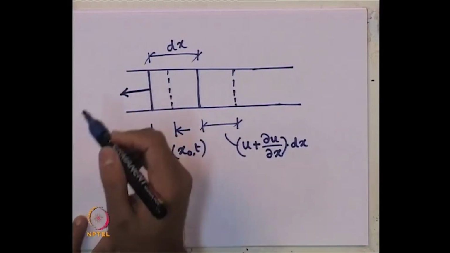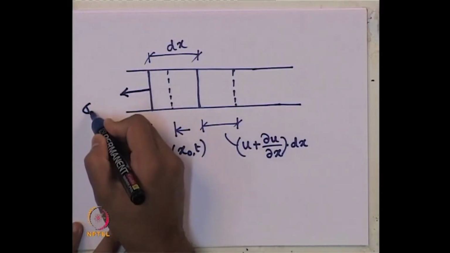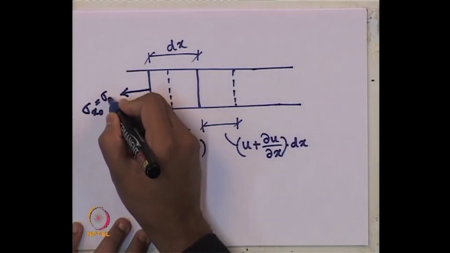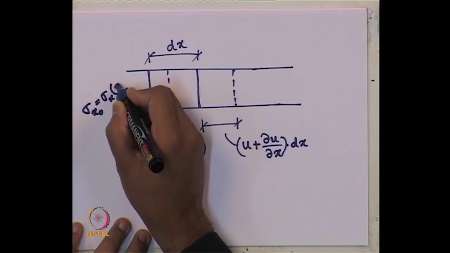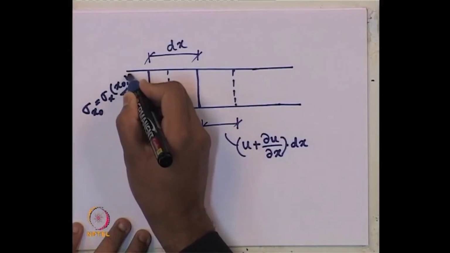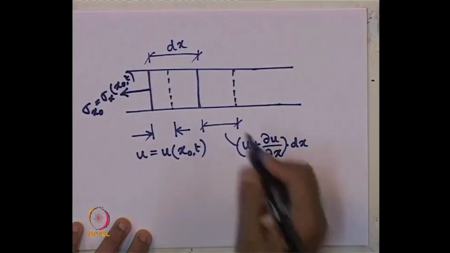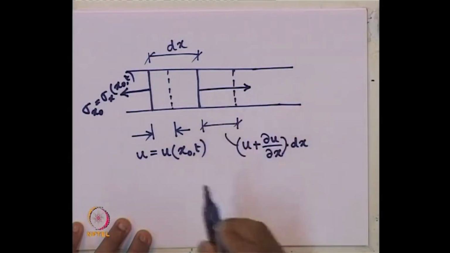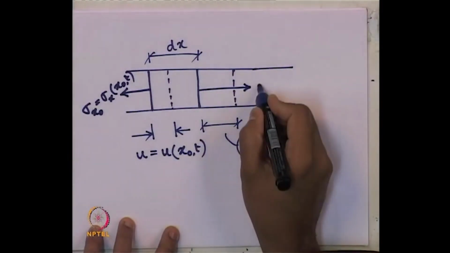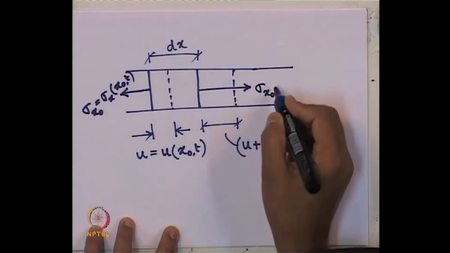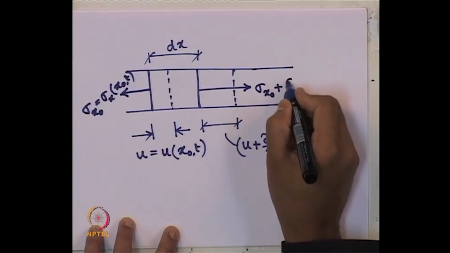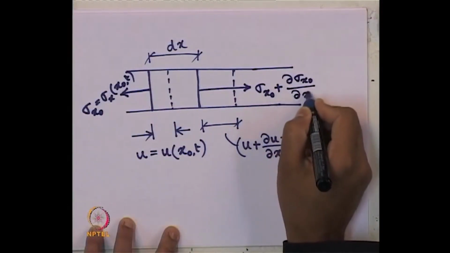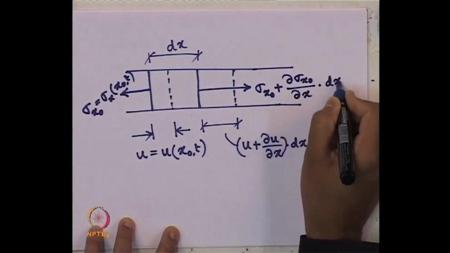On this side, let us say sigma x naught, which is nothing but sigma x as a function of x naught and t. Whereas on the other end, the stress should be sigma x naught plus del sigma x naught by del x into dx.